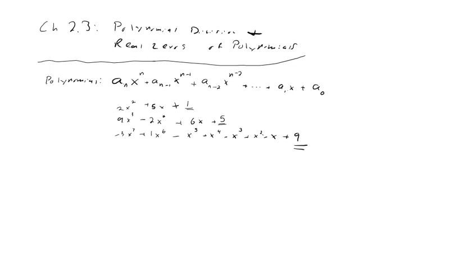So they have these different pieces. This a sub n is a coefficient. Specifically, we call this one the leading coefficient. It's the first coefficient.